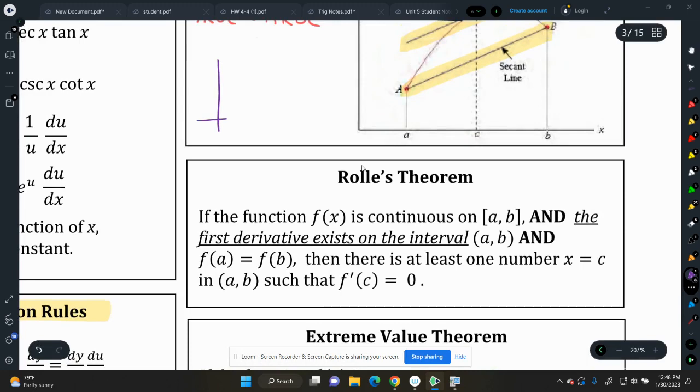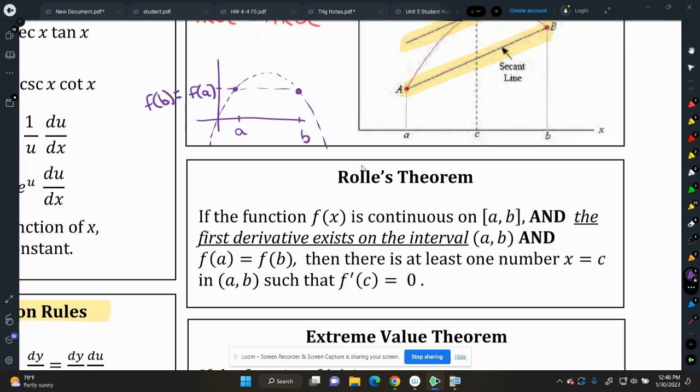Right. So here's a, here's b. All right, let's go like this. Okay, so here's f of a, and there's f of b, right? So here's an example of a continuous and differentiable function where f of a and f of b are equal.